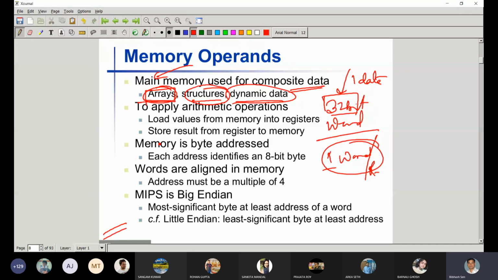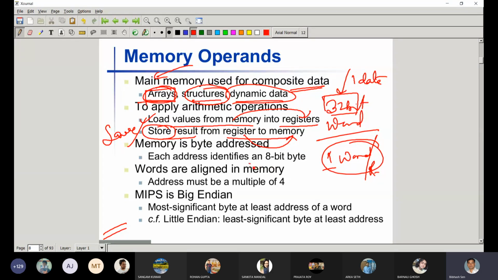To apply an arithmetic operation, load values from memory into registers, and store the result from register to memory. That is the purpose of the store command, which can also be called save. Storing moves the result from register to memory, and loading moves from memory to register. Memory is byte addressed.